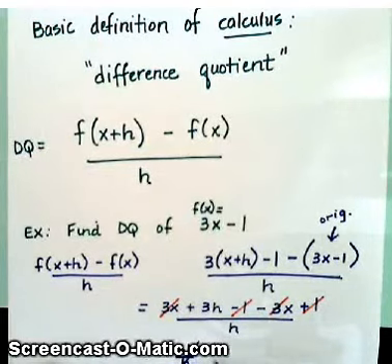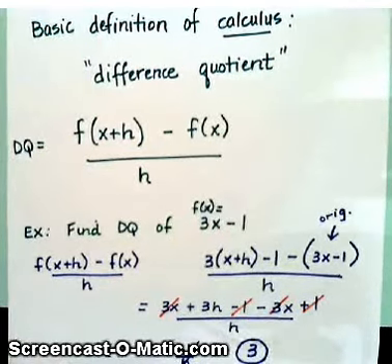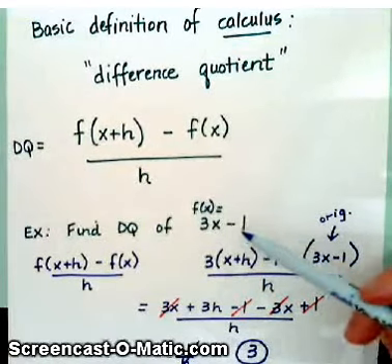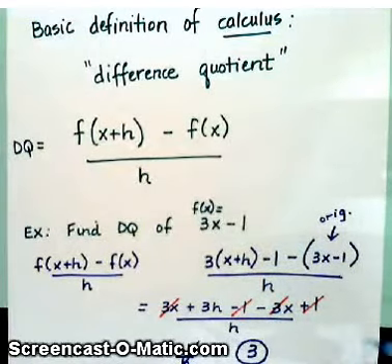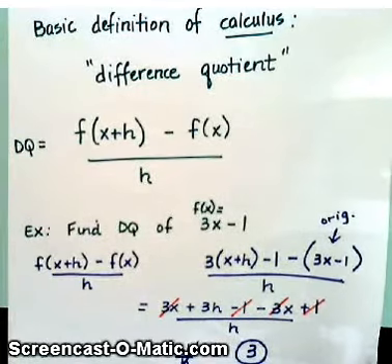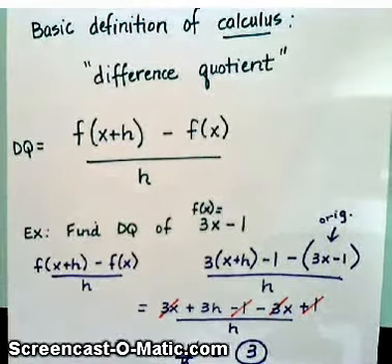And out go the h's, and your final answer is 3. So the difference quotient of this function, 3x minus 1, is 3. Now, we've got a little time, so we're going to look at several examples, and then I'm going to try to explain to you exactly what the difference quotient is or does.